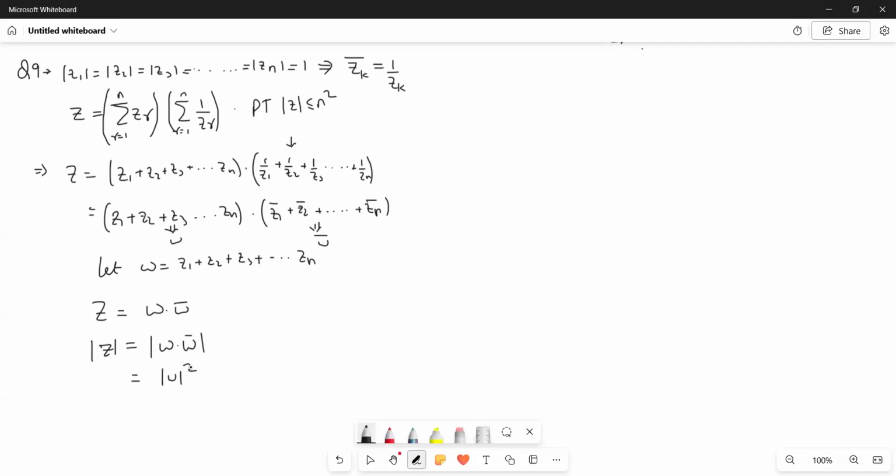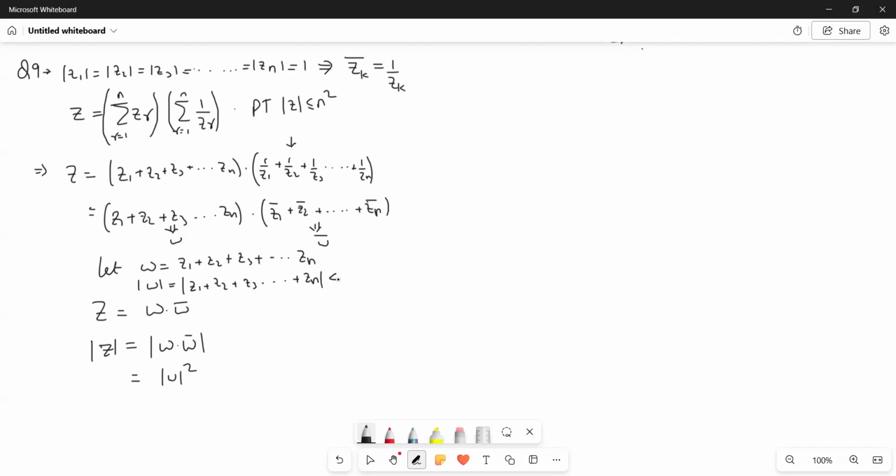Okay, now let omega be this, come back to this. So if we take mod of both the sides, mod of omega would be mod of Z1 plus Z2 plus Z3 going up till Zn.